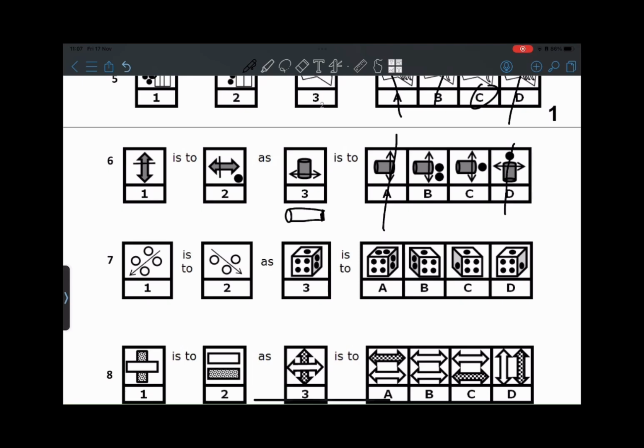So let's think about this. One circle in the bottom right. That's a confusing one. Nothing else seems to be happening apart from a circle appearing.